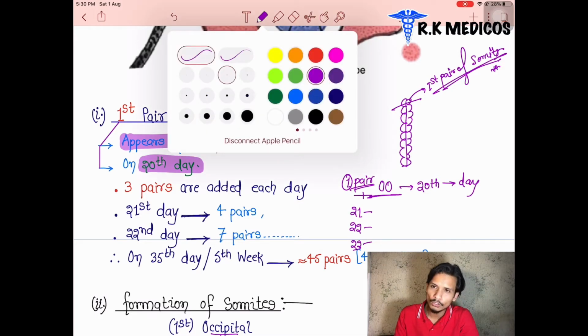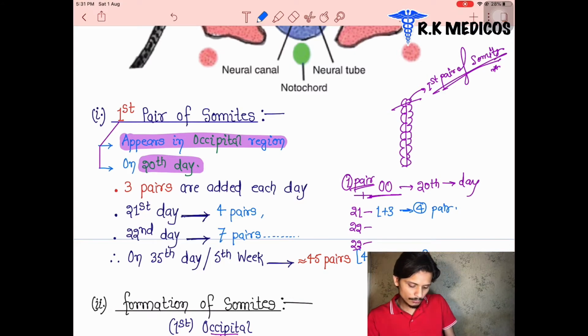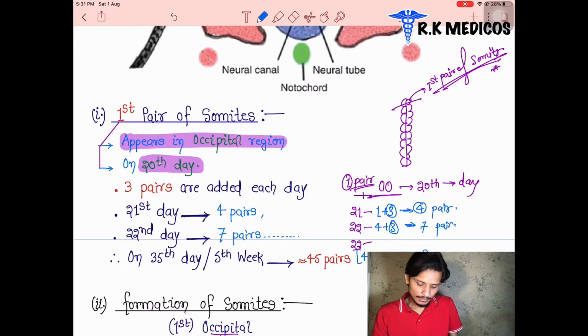On the 21st day there is 1 plus 3, that is 4 pairs. On the 22nd, again 3 pairs are added, 4 plus 3, that is 7 pairs. Once again on the 23rd day there is 7 plus 3, that is 10 pairs.